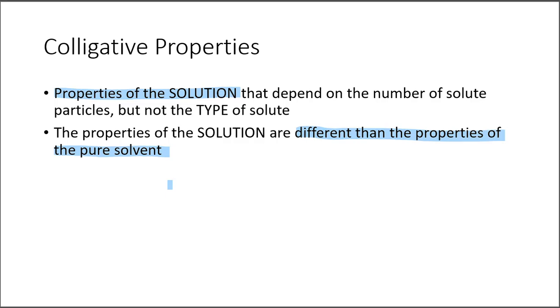And that stuff in it changes some of the properties. And by how much that property changes, it doesn't matter what is dissolved. It matters just the concentration, the number of solute particles, not the type of solute. It doesn't matter what you put in there. It just matters how much stuff there is. We'll get into that in a little bit, but these are the colligative properties.